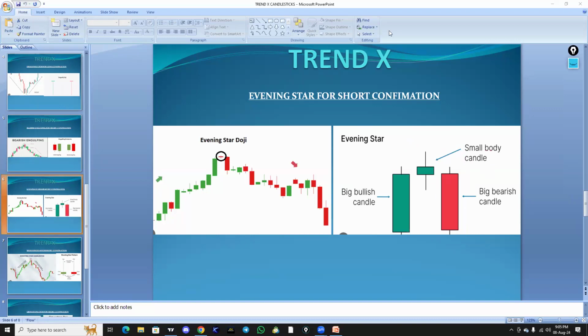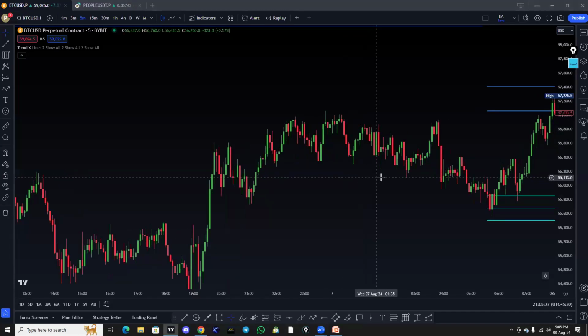So now I'll show you how the evening star looks. We saw a morning star, right? So I'll show you the evening star. Yeah, I'll just zoom in.